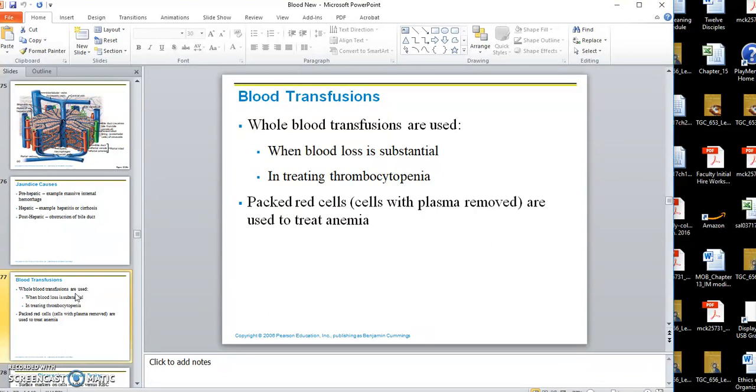The rest, which would be the formed elements, you can store the red blood cells. The red blood cells are stored as something called packed red blood cells. The white blood cells are thrown away because one person's white blood cells cannot be used in another person. And then the platelets can be stored also.